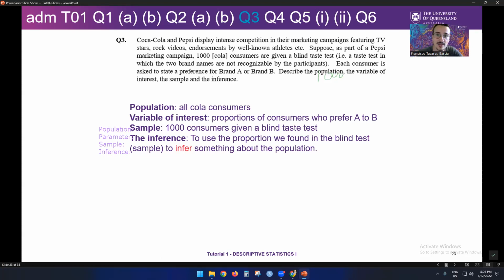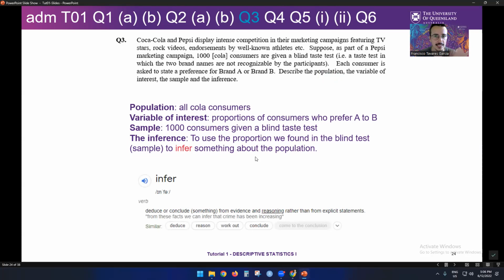I'll clear all the drawings here. And you see, the inference is to use the proportion we found in the blind test to infer something about the population. As I said before, I went to Google and had a look for the definition of infer. Google has a document, you just say define infer.